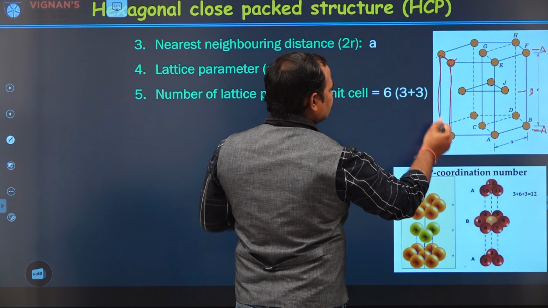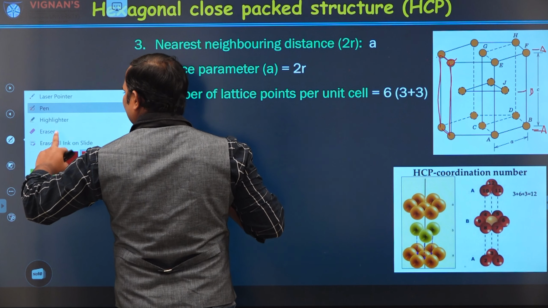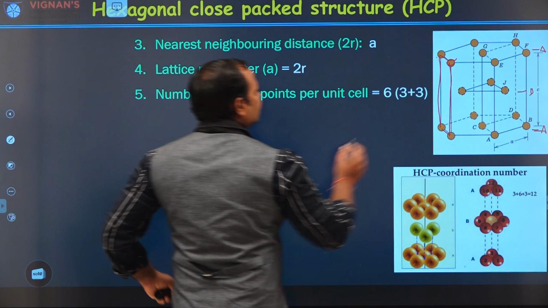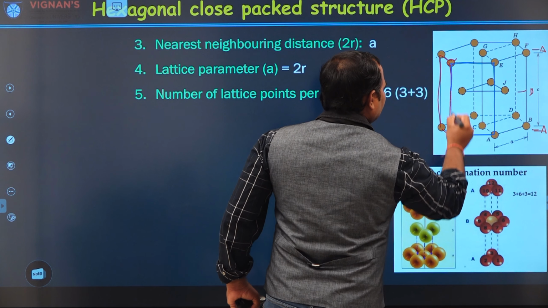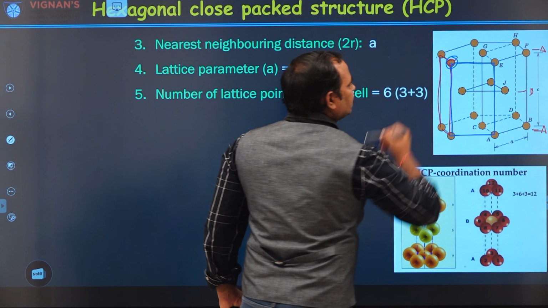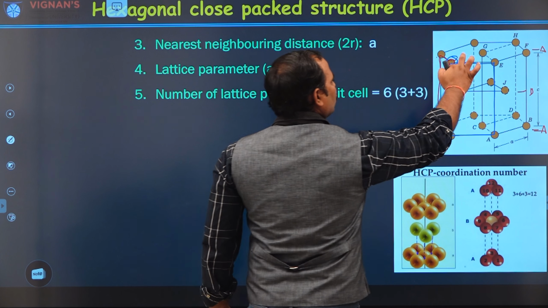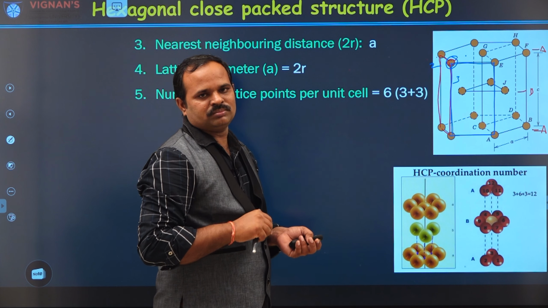You can imagine one more hexagon in this direction, and with this direction we can place another hexagon. So this atom is in contact with 1, 2, 3 hexagons in the bottom.